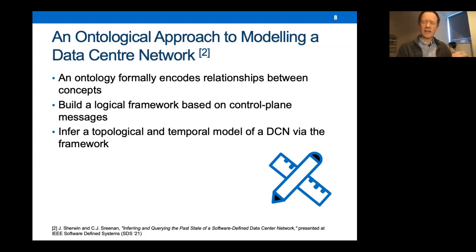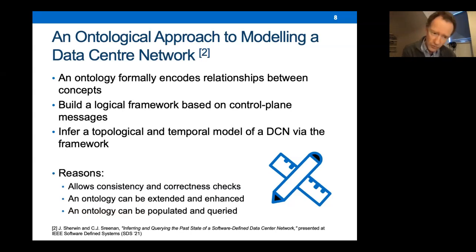So we essentially had to define control plane messages. What do they look like? And how can we build a model of the DCN based on that and infer the existence of actual switches and hosts and links and so on in the network through that framework?